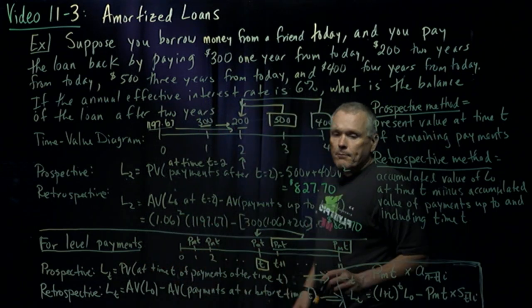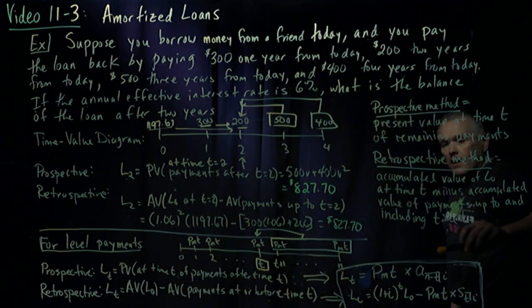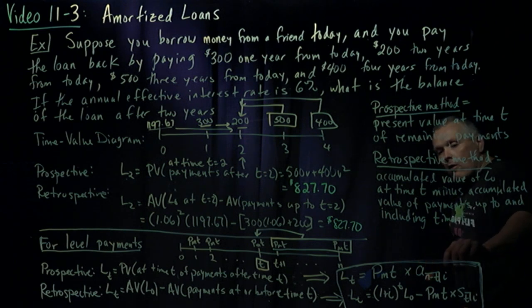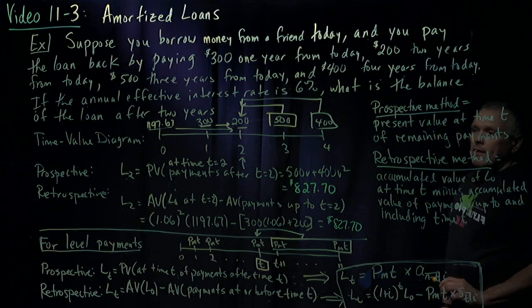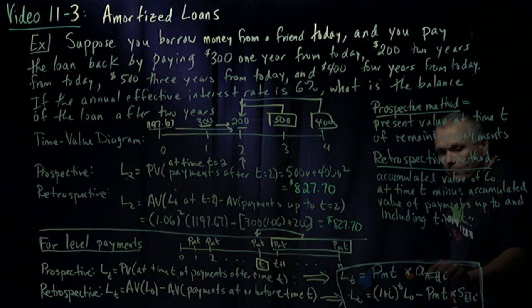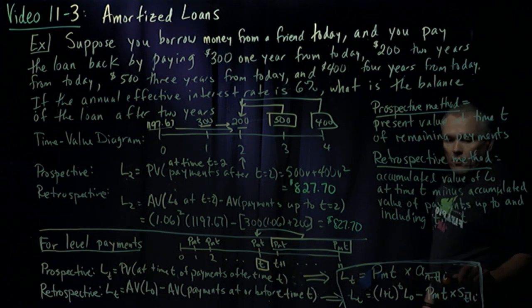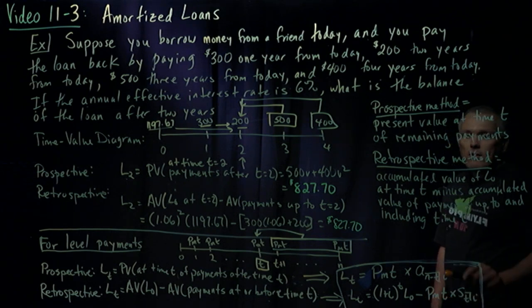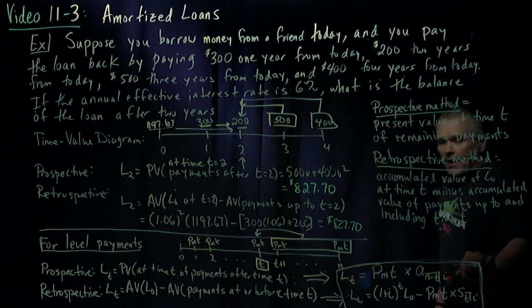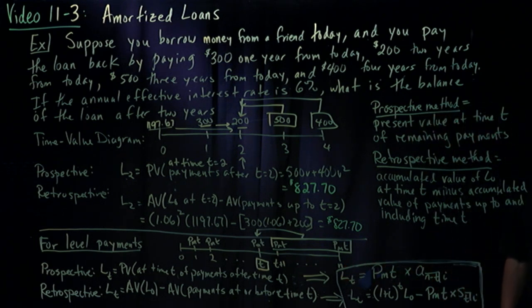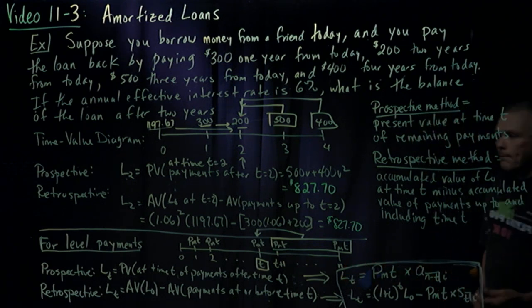So when we're looking at the present value for this particular annuity, we would use our a angle n minus t at an interest rate of i. This is your present value of an annuity immediate at time t for those remaining n minus t payments, and we'll multiply it by the payment amount. So this first equation in the box here is the prospective method for finding the loan value at time t.